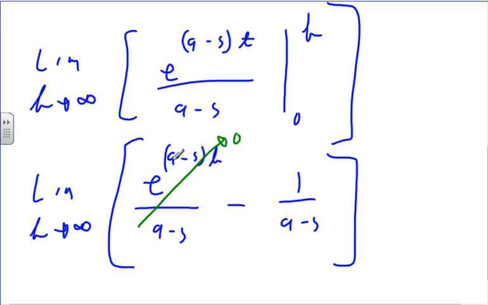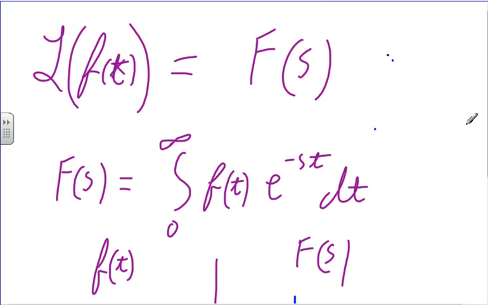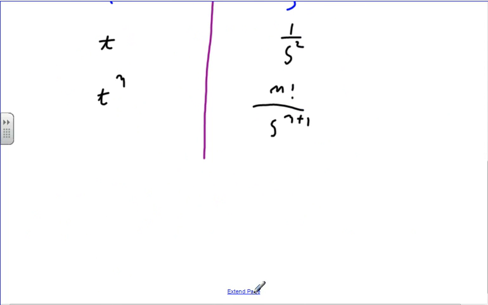Can s be bigger than a? Yeah, it might be. Who knows? And I've got a minus sign there, so I'm going to have 1 over s minus a. Okay, so we'll put that on our table. And we have that e to the at has a Laplace transform of 1 over s minus a.